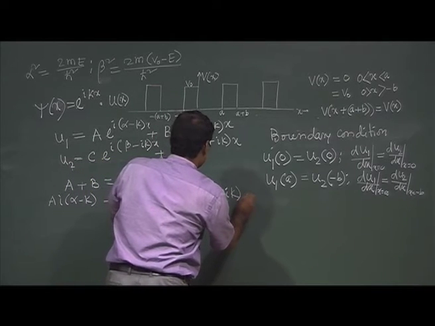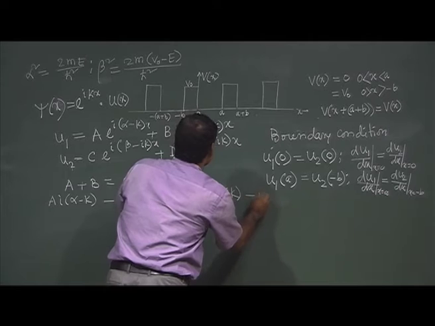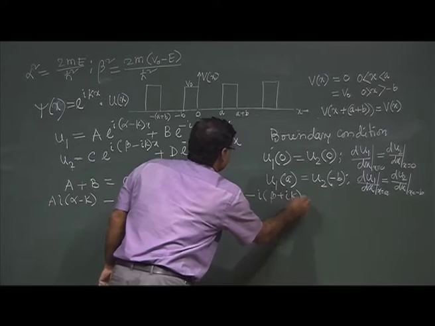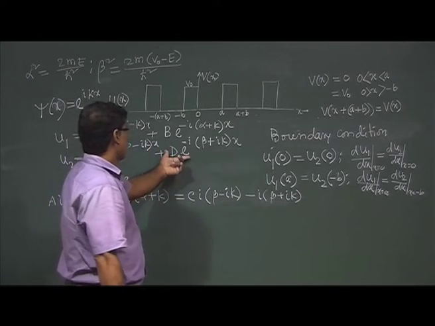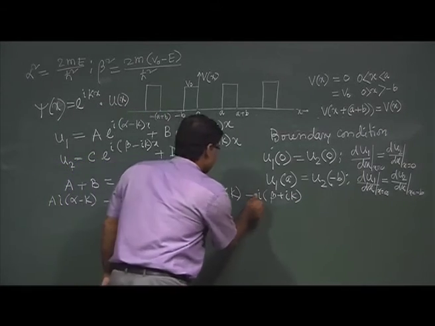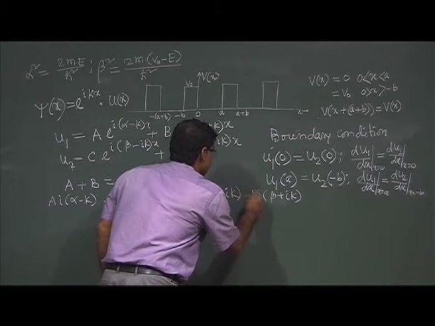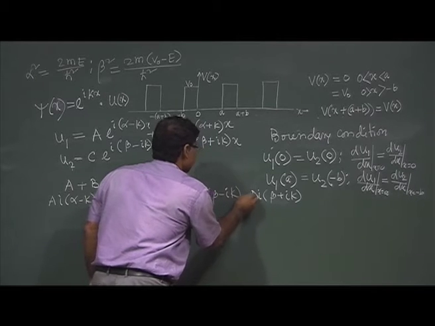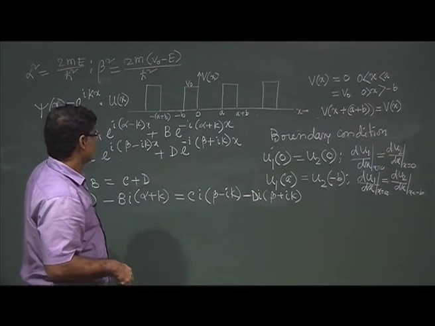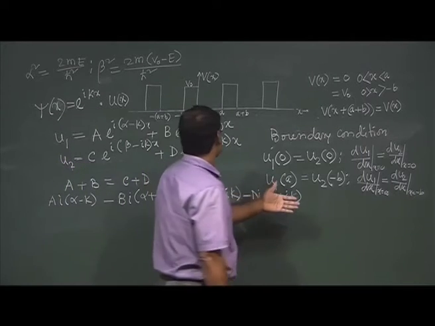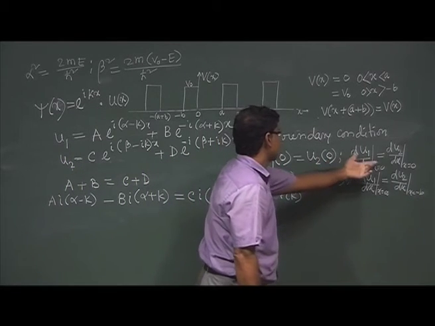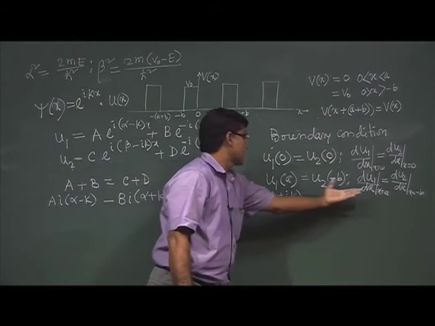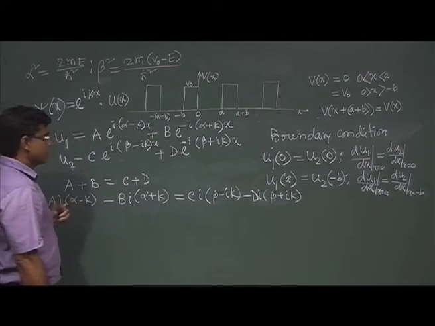So, I will get minus i(beta plus i k), and d, of course, d has to be there. And then this is a minus sign, okay. After doing differentiation, putting x equal to 0.